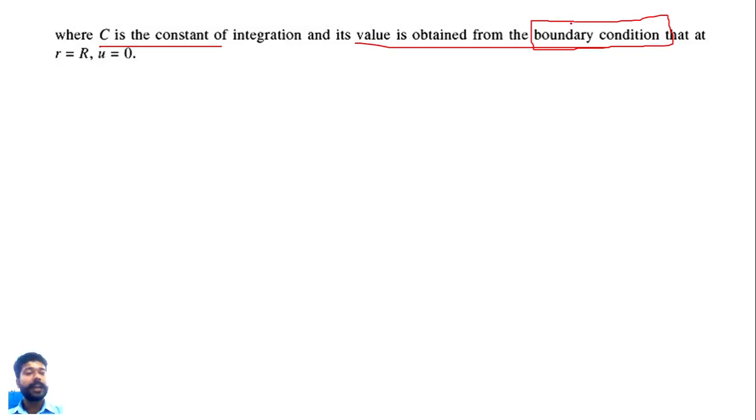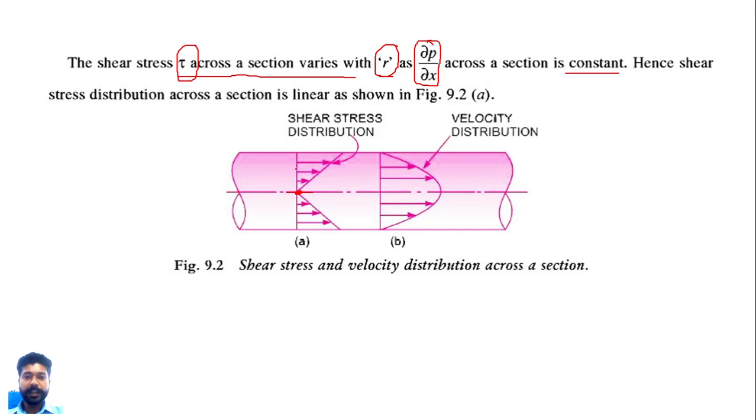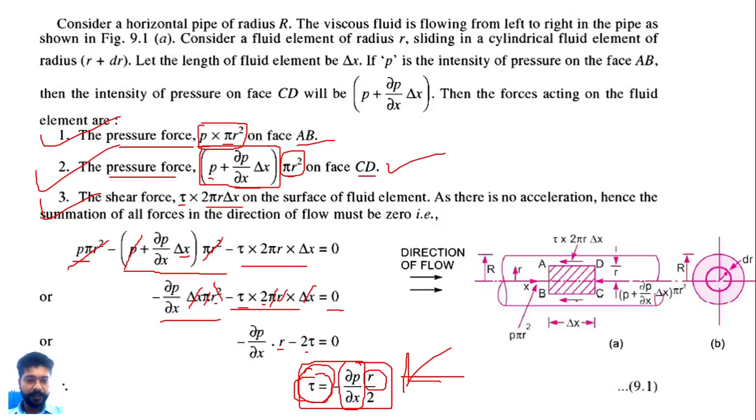We need to apply the boundary condition: when small r equals capital R, at that time u is 0. What does it mean? In this diagram, we can see that small r is nothing but the radius of this small elementary area, and capital R is the radius of this pipe.